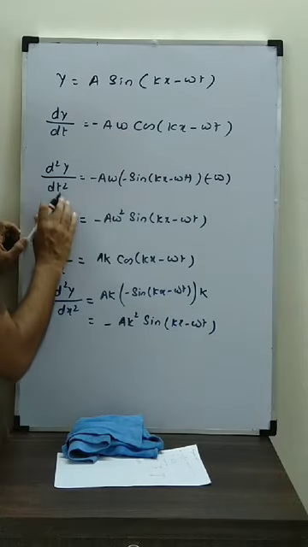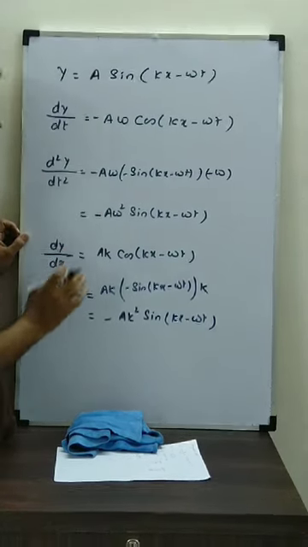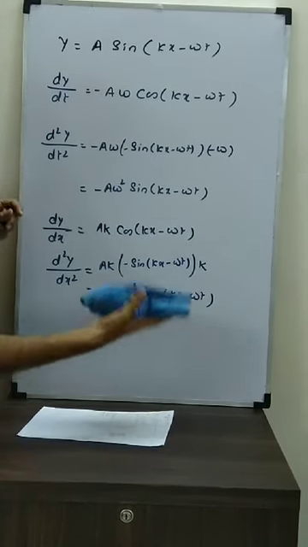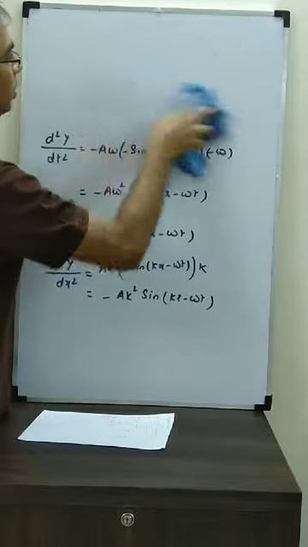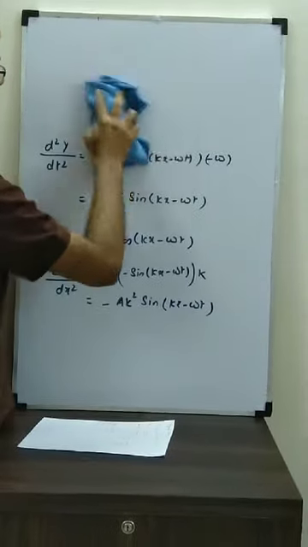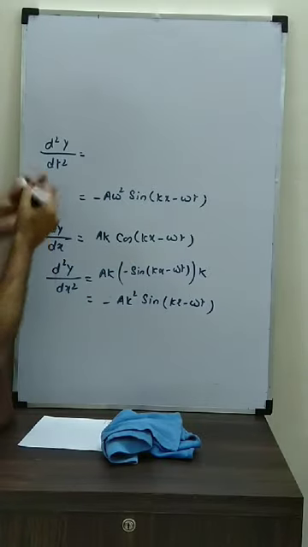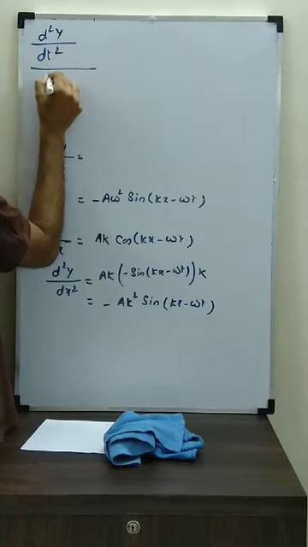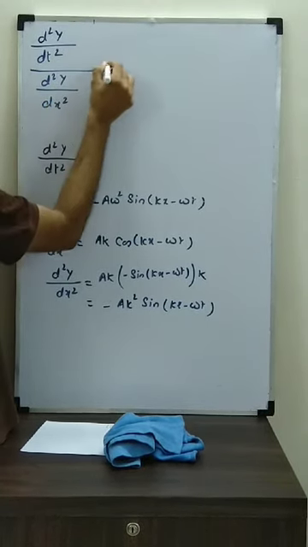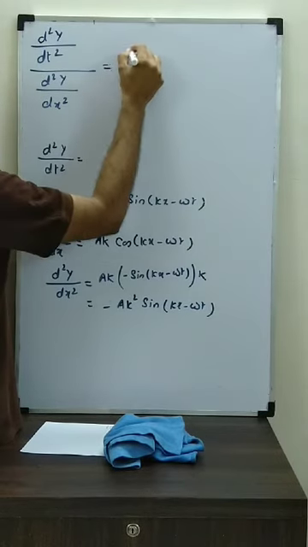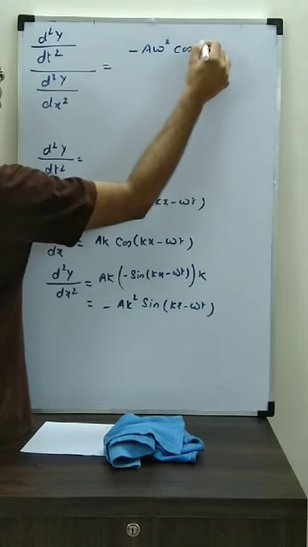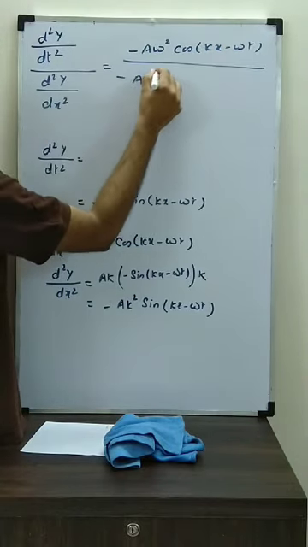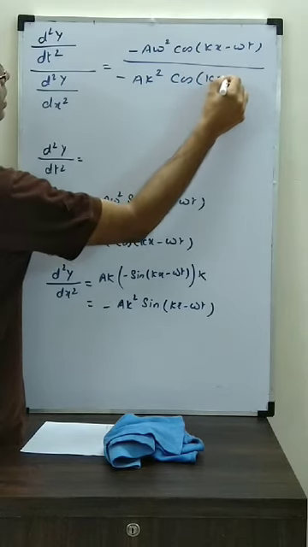Now what we are going to find? The ratio. This divided by this. d square y by dt square divided by d square y by dx square. You see what's coming here. This is minus a omega square sine of kx minus omega t divided by minus ak square sine of kx minus omega t.